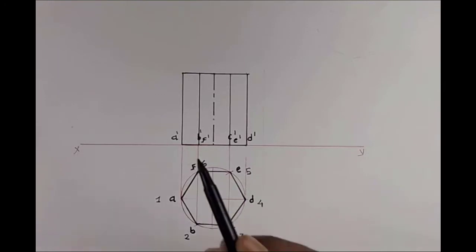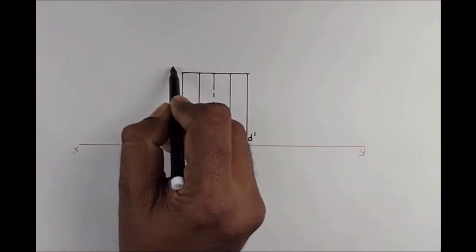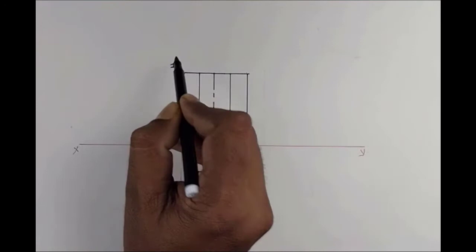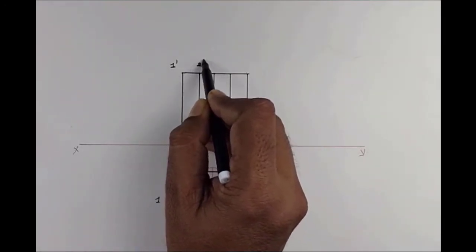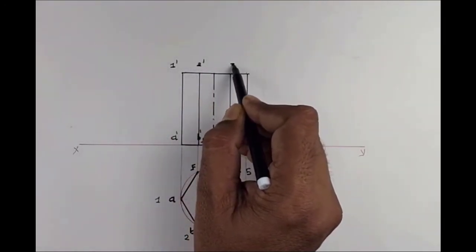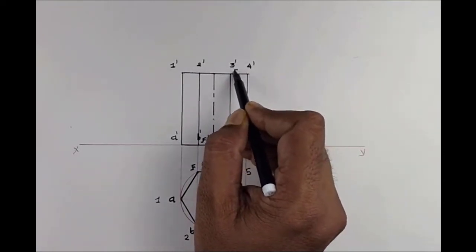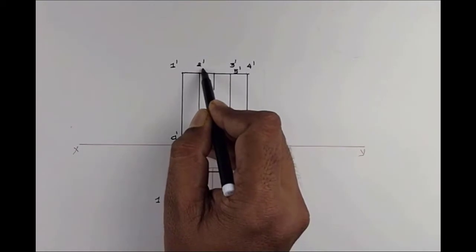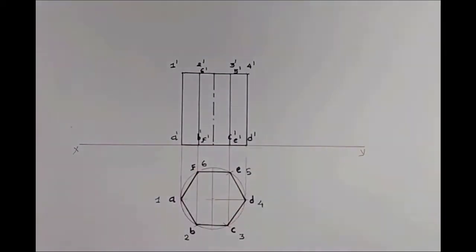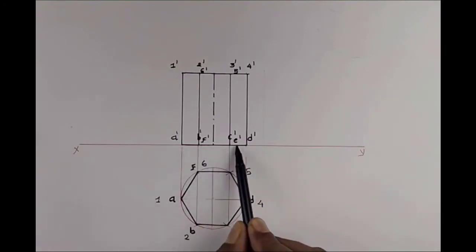So in elevation we show it as 1 dash, 2 dash, 3 dash, 4 dash, 5 dash, 6 dash. Now you apply the method when you write your points at the below: the points that are away from the observer and nearer to the VP plane.